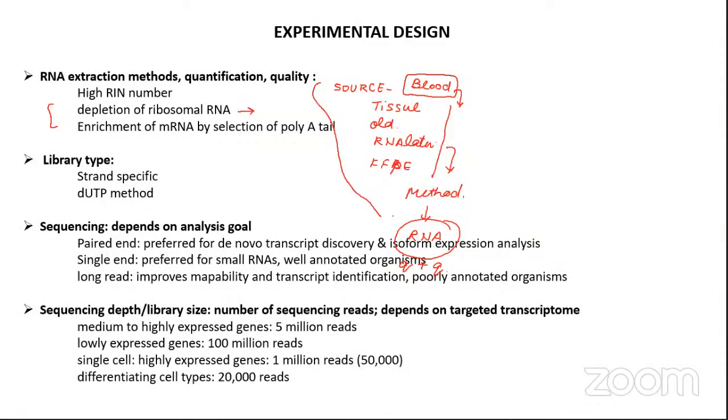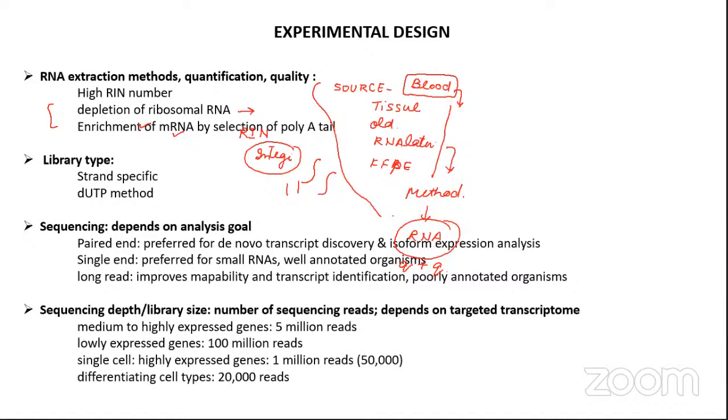Our RNA should have a high RIN number. What is the RIN number? RIN is the RNA integrity number. Integrity means how intact our RNA is, whether it is fragmented or intact. Second is the depletion of ribosomal RNA.